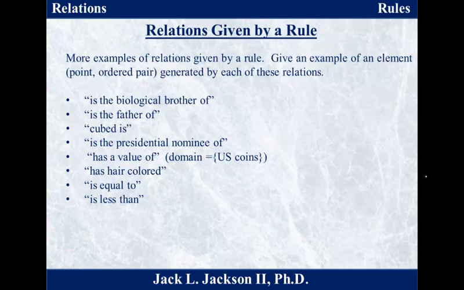And so what happens is these give you ways of testing to see if things are ordered pairs, and you can test to see if something is or is not there. So for example, 3 cubed is 27, so 3 comma 27 is an ordered pair.